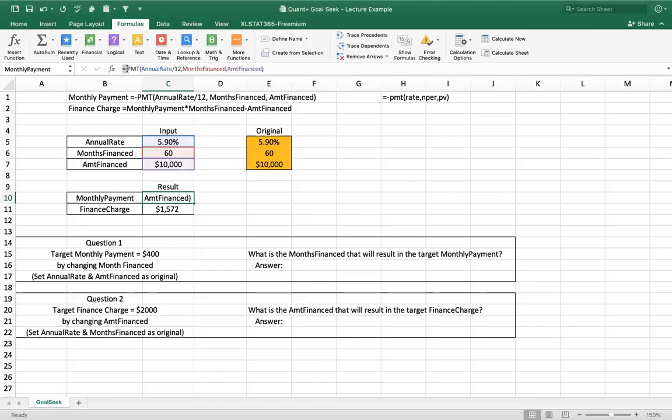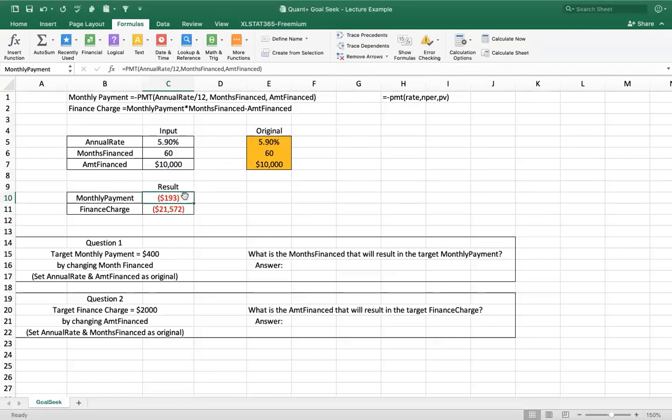So notice here that I have a negative sign typed in front of the payment function. Actually, let's see what happens when I delete this. Okay, you notice that the payment function is now displayed as a negative value. The reason for that is the original payment function displays it as the money that you pay to the lender.